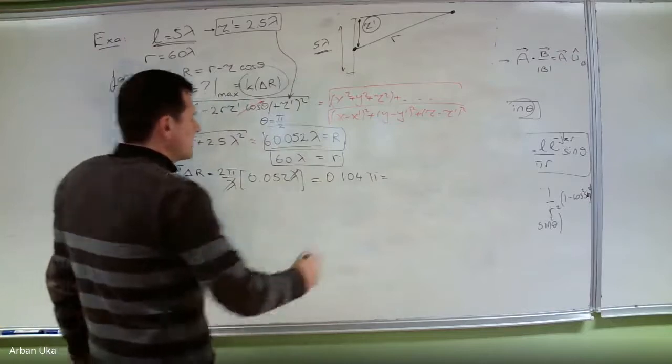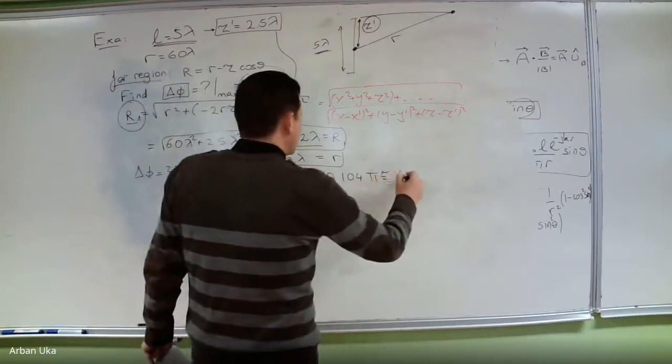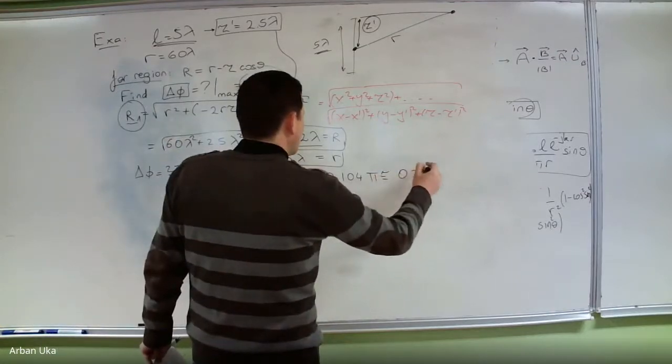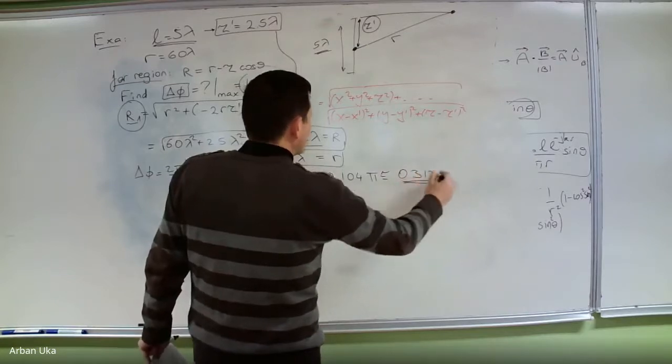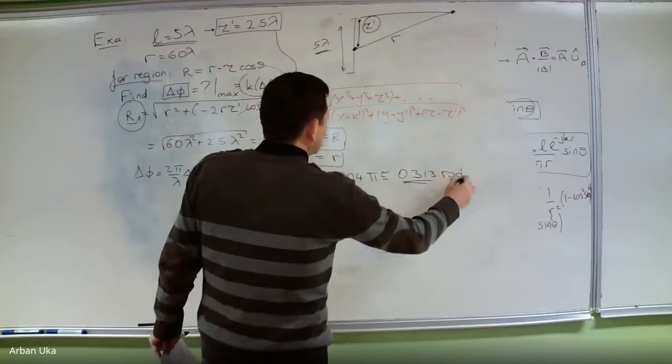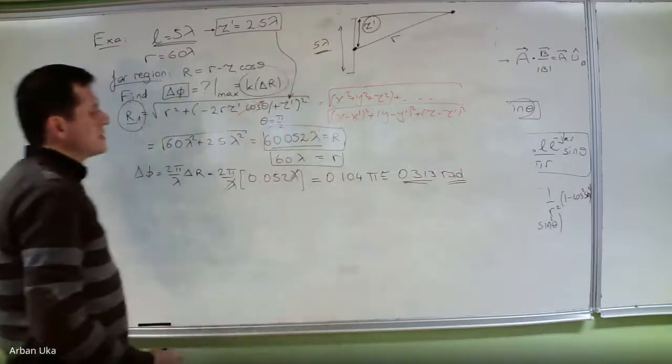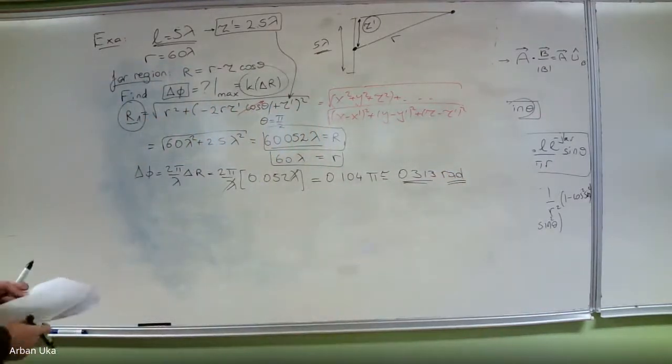So times a factor of 3, this is going to be approximately 0.313, really. So apparently this is the phase difference.